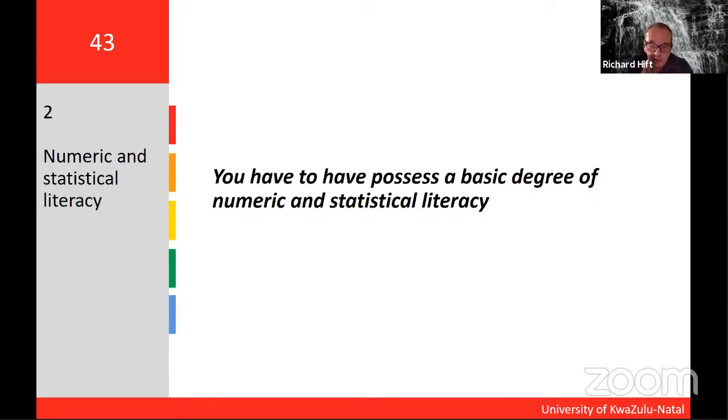You don't have to be a hotshot statistician, but you've got to have some idea of what is done when. You've got to thoroughly understand the statements you wrote in your methods, and you cannot afford to come up with some mishmash, which shows that you don't actually understand yourself what has been done with your results. Thanks, and that's all I've got to say.